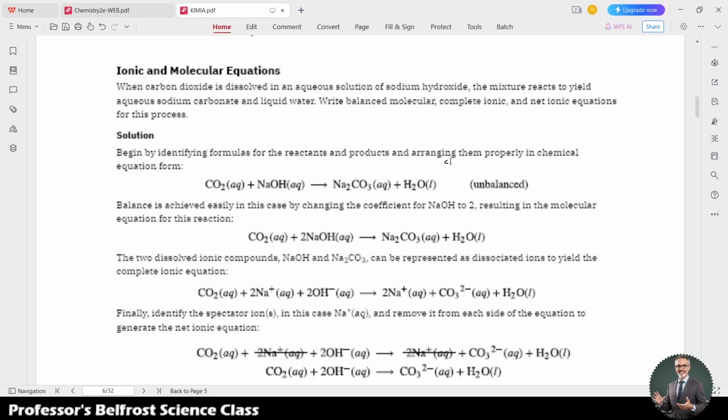So you just need to follow the previous steps. First, you write down the unbalanced chemical equation, and then we need to balance it. In this case, the balancing process is actually quite simple and straightforward.